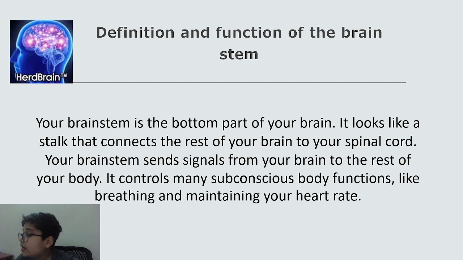And as I told you, it controls many subconscious body functions, like it helps us to live. Brain is why we are living. So I am saying that this breathing I am doing, with my lungs, trachea, pharynx and larynx, I am breathing because of my heart, because of my lungs.